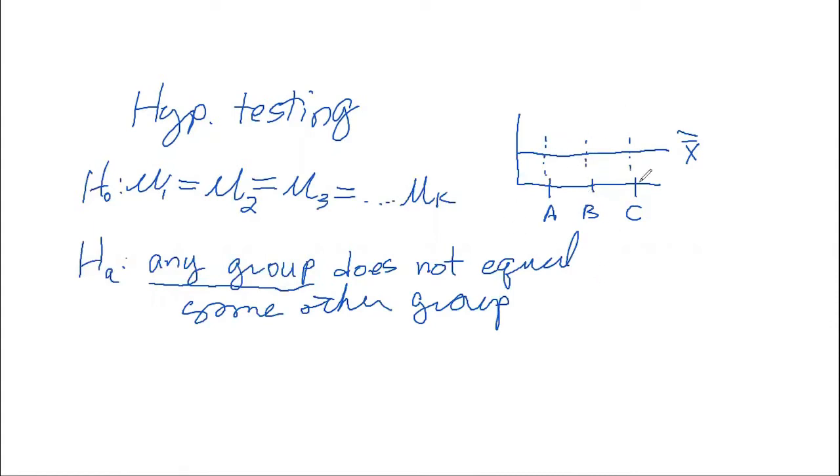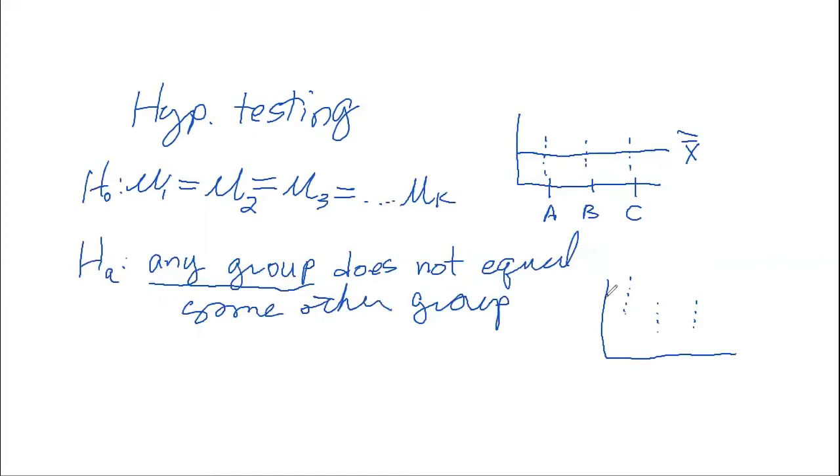And the alternative to this, the way you reject the null hypothesis, is that at least one group is different from the other. So A could be different than B and C, or we could have B higher or lower than the other groups, or all three groups could be different from each other.